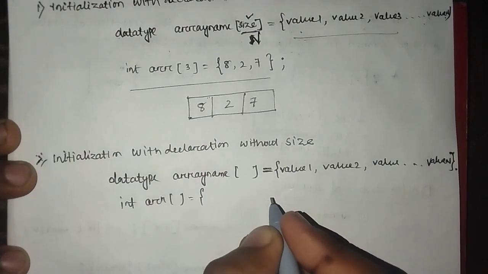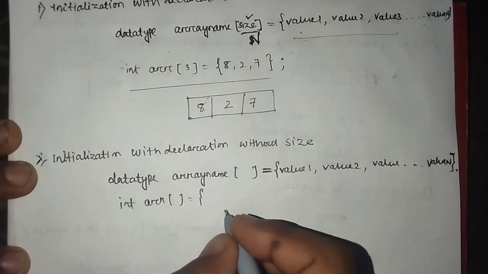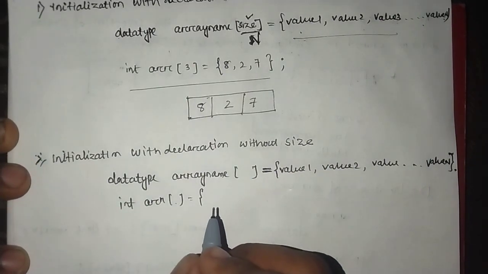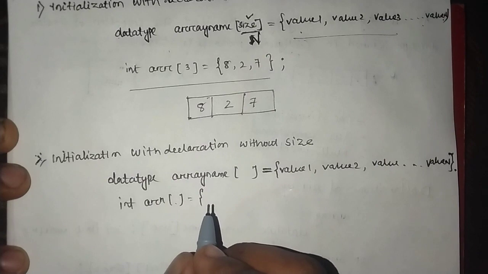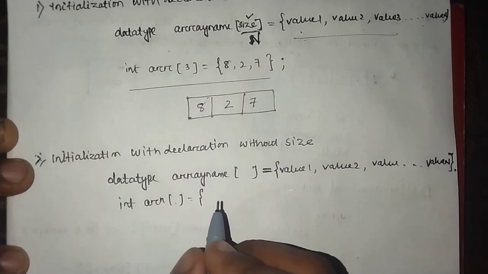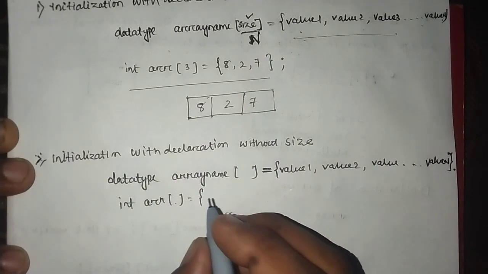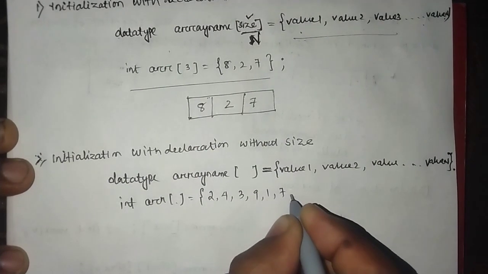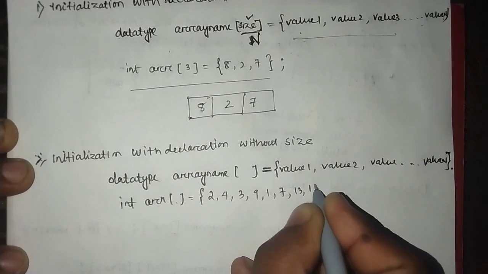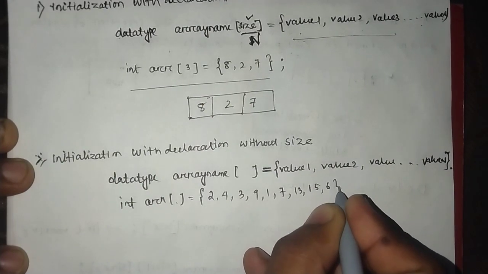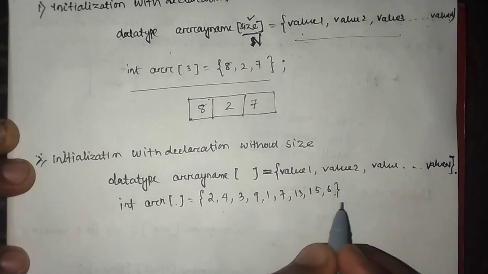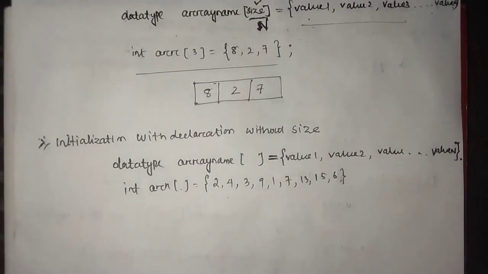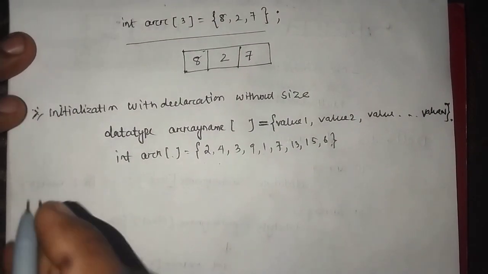You can give an infinite number of values, not infinite actually, but you don't have a restriction on how many values you give. So 2, 4, 3, 9, 1, 7, 13, 15, 6, each separated by commas.